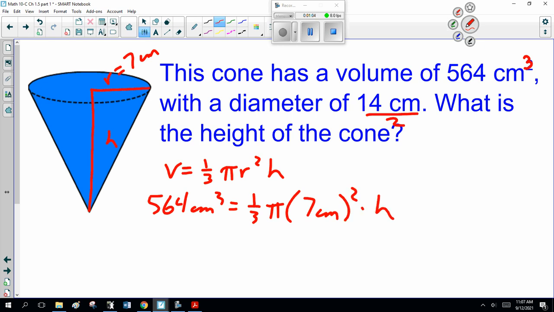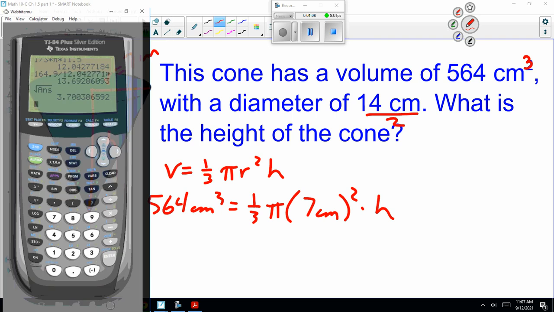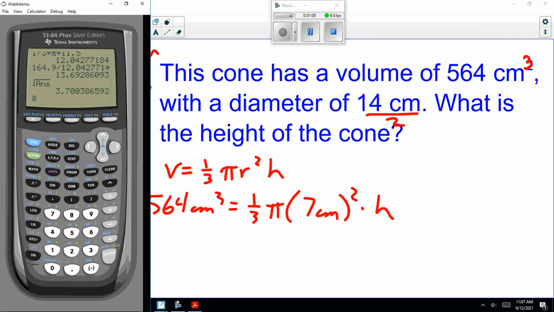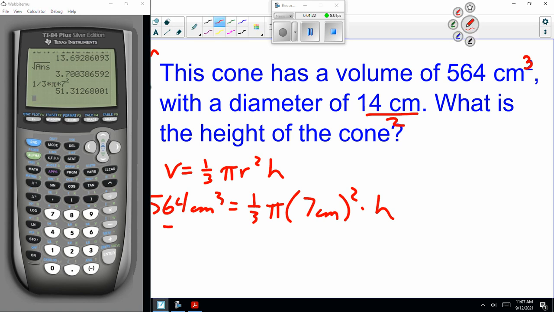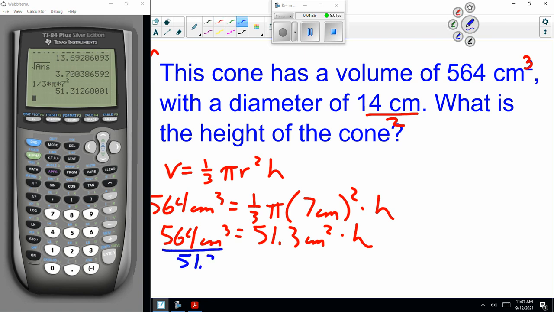Solving this, 1 divided by 3 times pi times 7 squared is 51.3. So 564 centimeters cubed equals 51.3 centimeters squared times height. And how do we get rid of times 51.3? We divide both sides by 51.3.